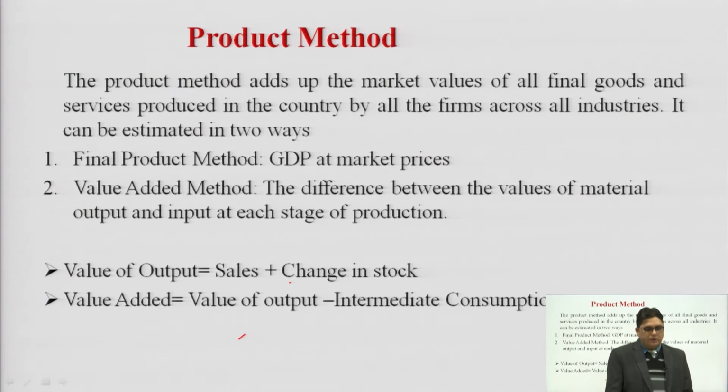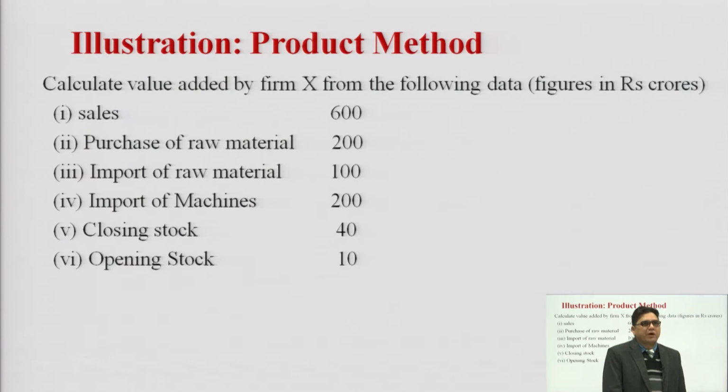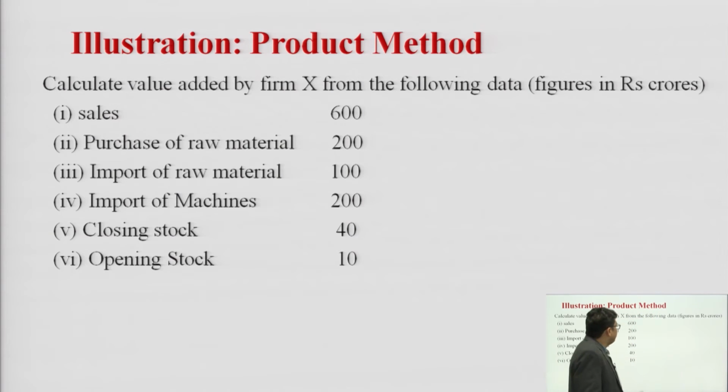Let us see one illustration of how the product method works. This is the illustration. Calculate the value added by firm X from the following data. It is given in crores. Sales 600, purchase of raw material 200, import of raw material 100, import of machine 200, closing stock 40 and opening stock 10.